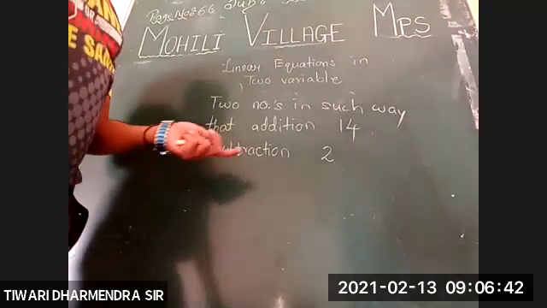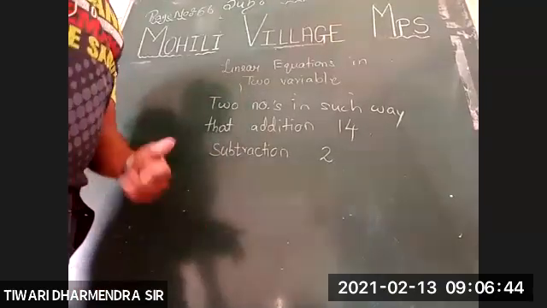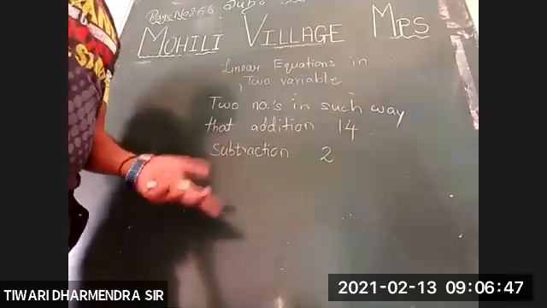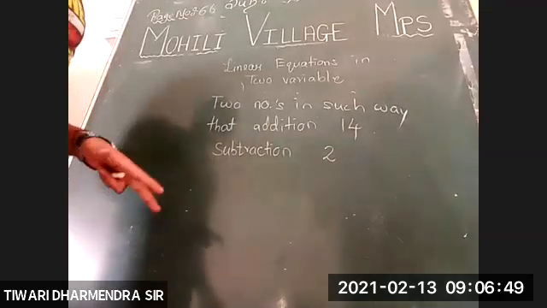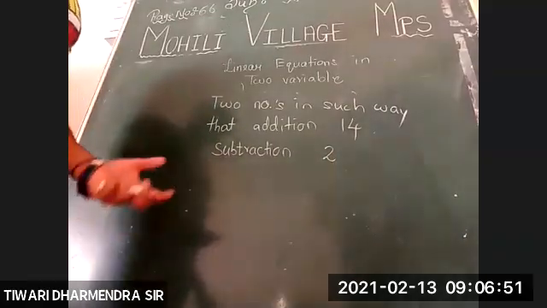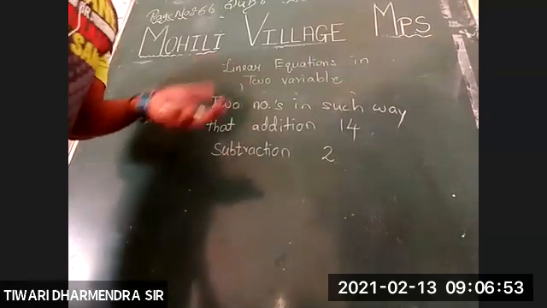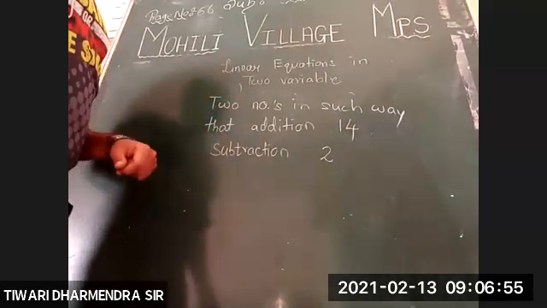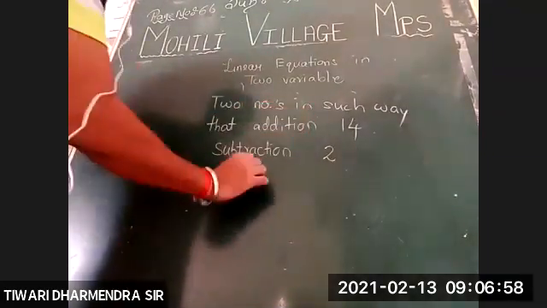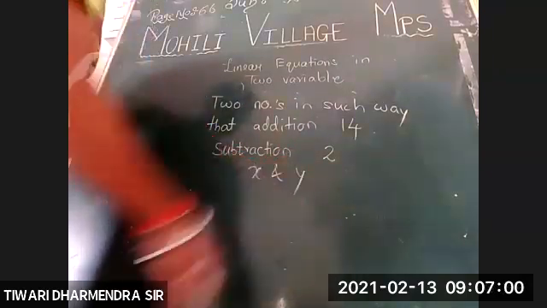So yeah, somebody will give the answer, somebody will think on this, somebody will get it, somebody will not. So let's check how to get this puzzle solved. First we will take two numbers x and y.